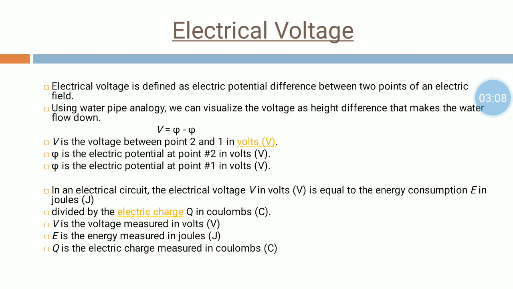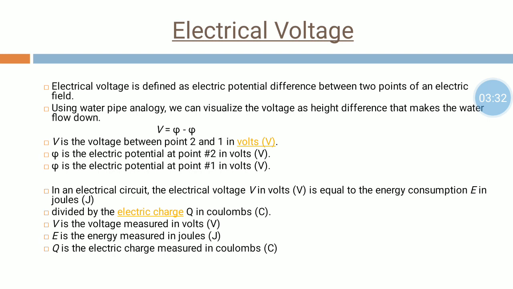When we join the 2 beakers, the water is going to flow from the 200 to the 10. Okay, so this is the potential difference. I'm giving you an example. When we connect these 2 beakers, the water starts to flow.